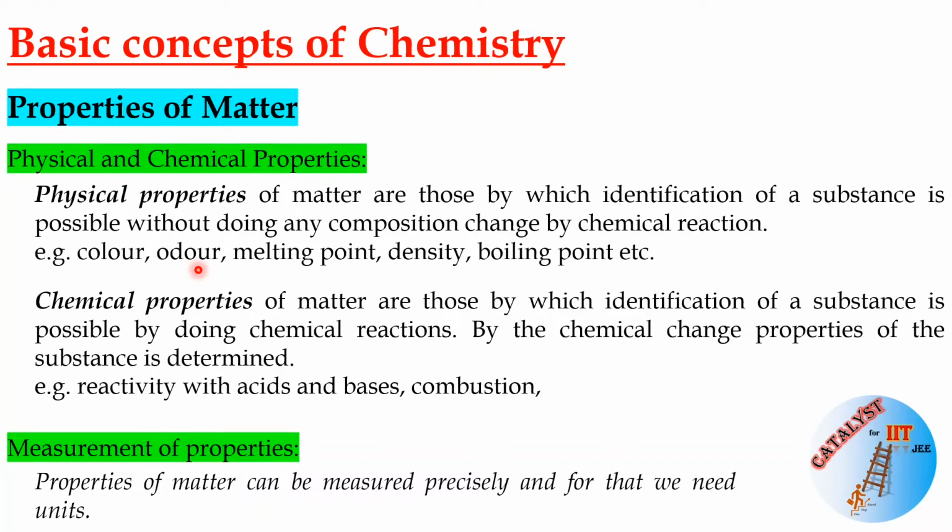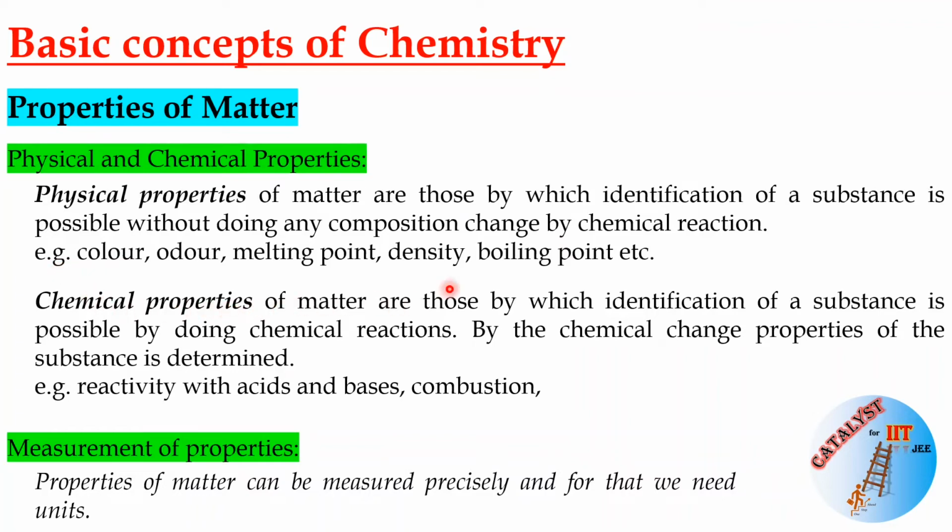So if you keep two containers, in one you keep water and in the other you keep ammonia, you can certainly distinguish which is ammonia and which is water. So this is a good physical property of matter. Now there are melting point, density, boiling point, etc. In all these cases, you don't do any chemical reaction or any composition change.